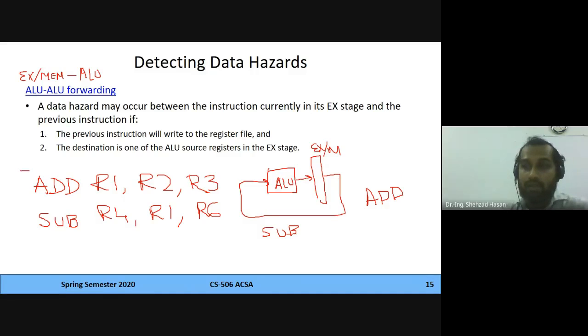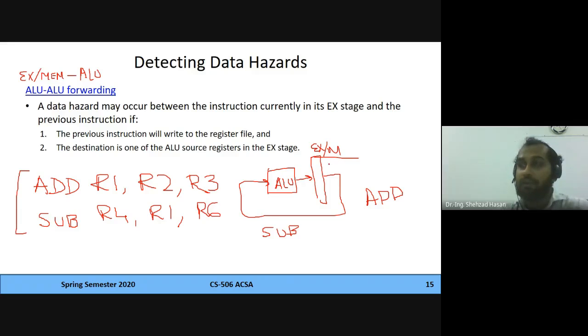Now, how are you then going to decide that it should come from the EXMEM pipeline register? What you need to see here is the previous instruction should have a matching destination and source of the next one. If that is the case, then the forwarding unit should provide the data from the pipeline register, not from the register file. Now how are we going to name these registers or the control signals if they are required?